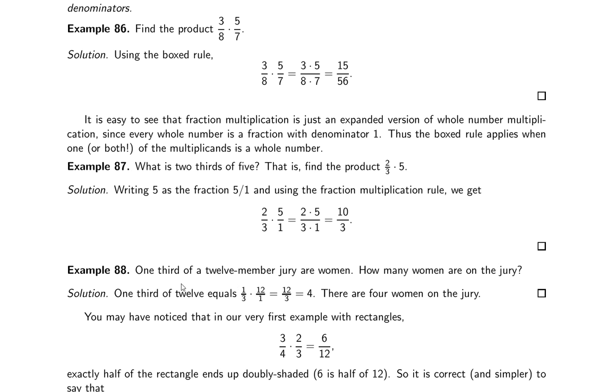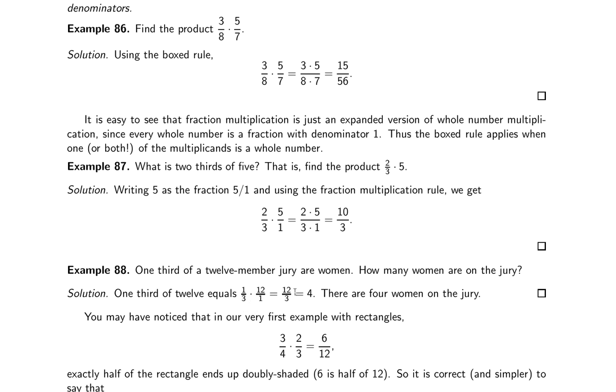Okay, here's a little word problem. 1/3 of a 12-member jury are women. How many women are on the jury? All right, so we need to find 1/3 of 12. So that's 1/3 times 12 over 1.